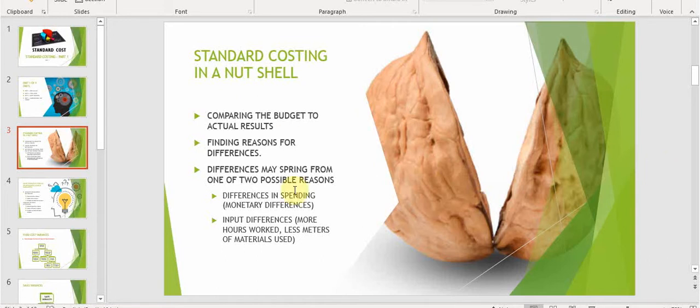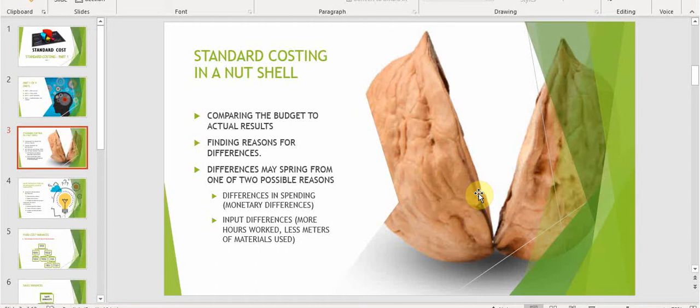We also have what I like to call input differences. These are not measured in monetary or money terms. Input differences refer to how the materials or the labor or the overheads were planned for and how that differs from the actual results. A good example of this would be we planned that our laborers would work 500 hours in the next year.